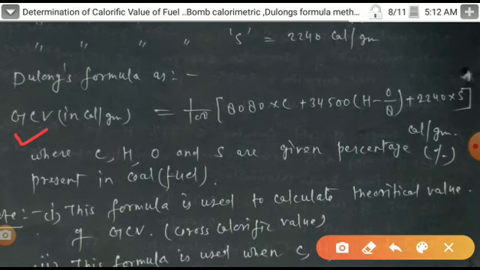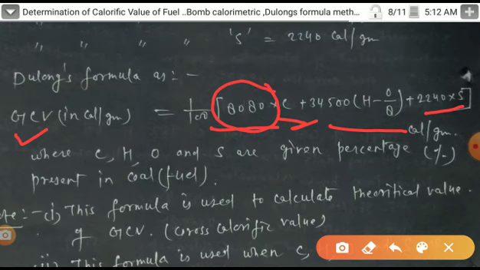Here you can watch, GCV in calorie per gram is equal to 1 by 100 multiplied by 8080 into C, plus 34500 into (H minus O divided by 8), plus 2240 into S. 8080 is the calorific value of carbon, that is the constant value, and C is the percentage composition of carbon present in the particular coal. 34,500 is the calorific value of hydrogen, and 2240 is the calorific value of sulfur.